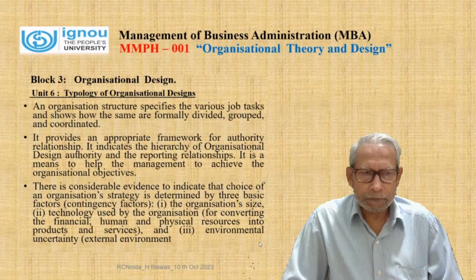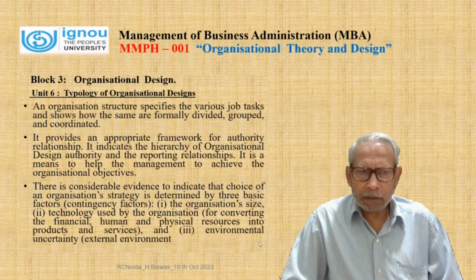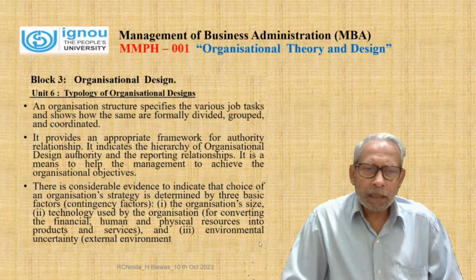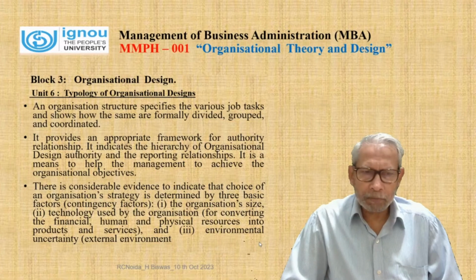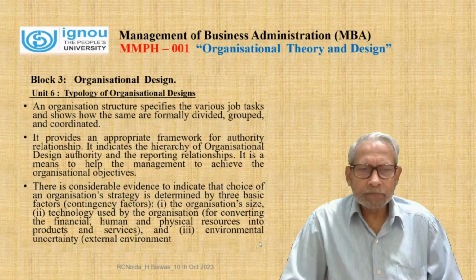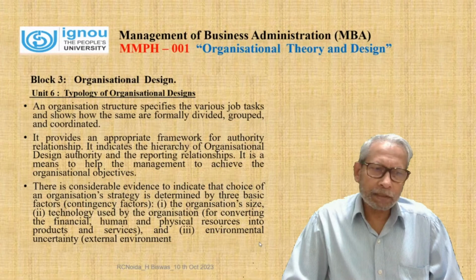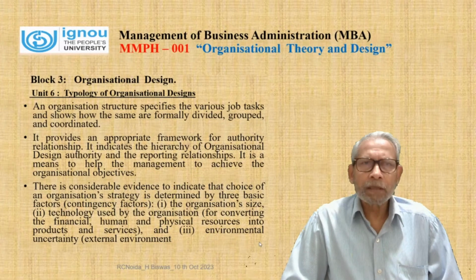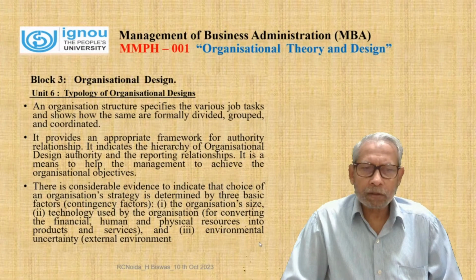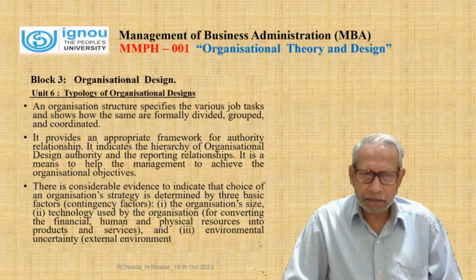It is meant to help the organization or the management to achieve the objectives set by the organization. So considering some of the evidence, the structure is decided by the strategy. There are 3 basic factors. Number 1 is the organizational size, then technology, which has to be used for converting your financial, human or physical resources, such as raw materials into products and services.